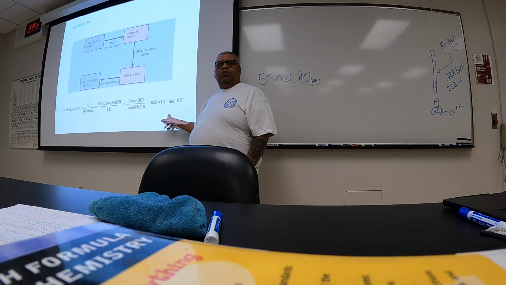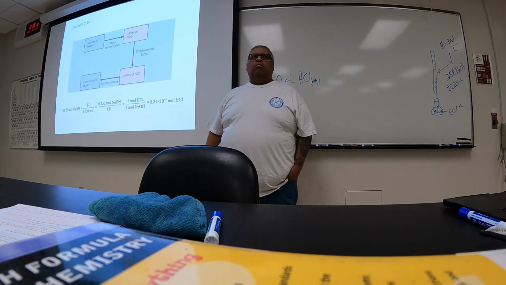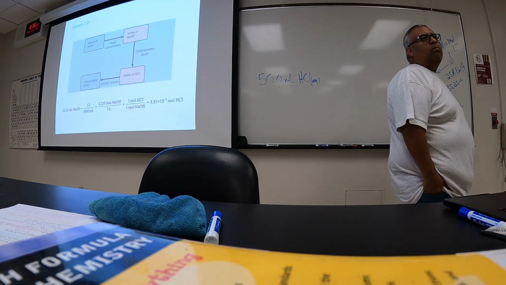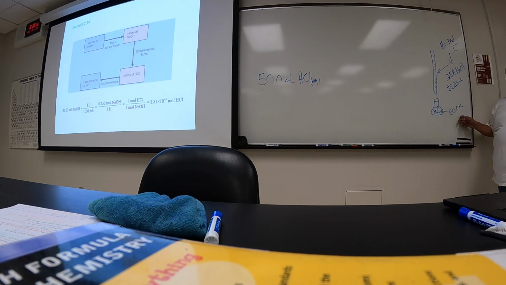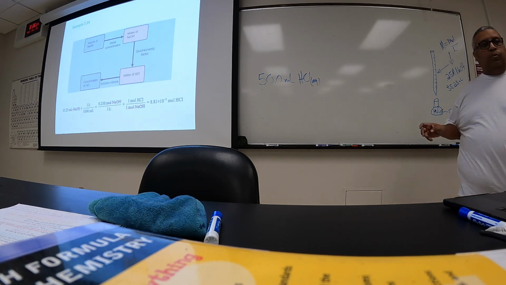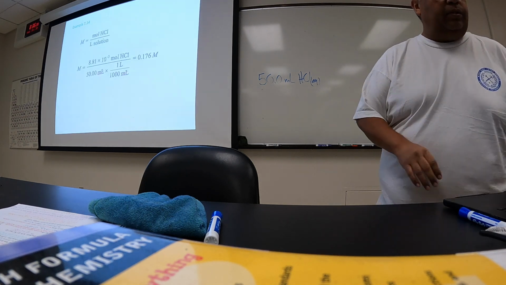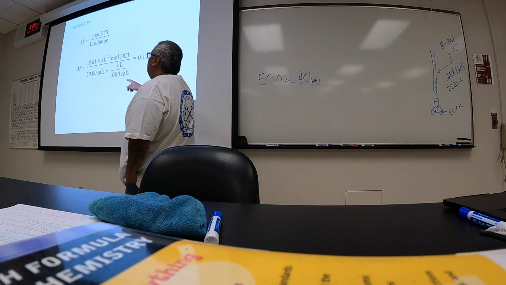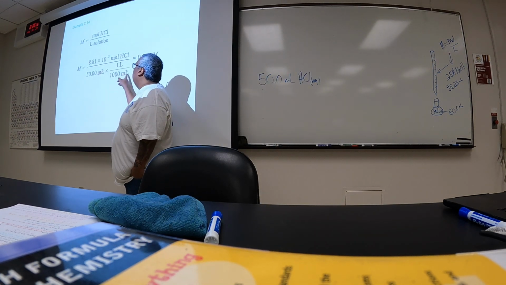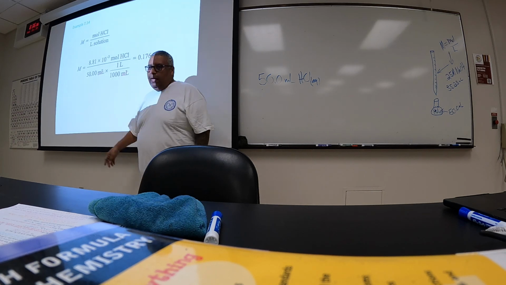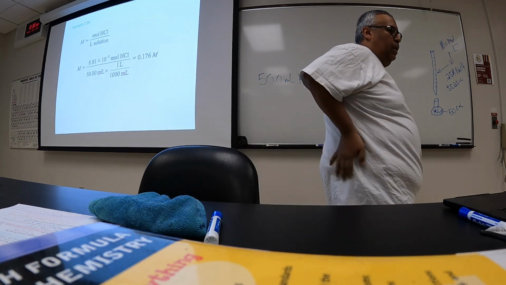But how do we get the concentration from this? Moles over liters. What liters? The 50 milliliters. So we're going to do a conversion of this 50 milliliters. We have the moles of hydrochloric acid over the 50 milliliters. We're going to do this conversion, and we end up with some concentration here.